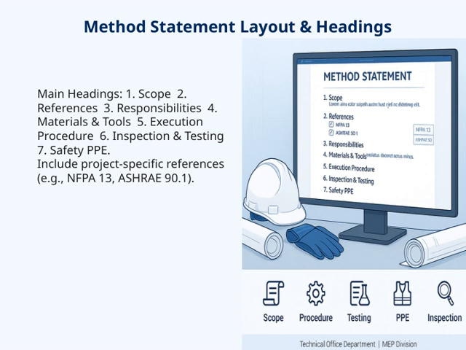Inspection and testing outline how we'll verify that work meets quality and safety standards, and safety PPE reminds us of the importance of protective equipment to keep everyone safe. Connecting this to the overall theme, a well-structured method statement ensures that tasks are performed safely, efficiently, and in compliance with all relevant standards, ultimately contributing to the project's success.